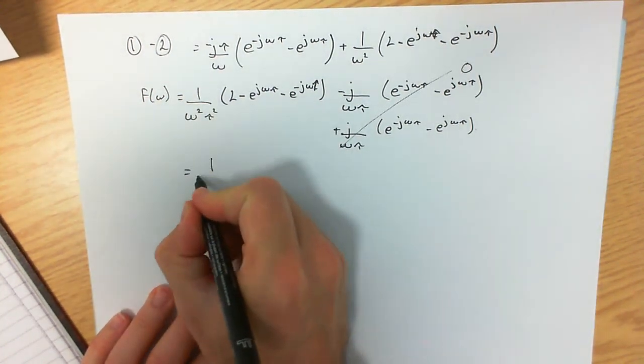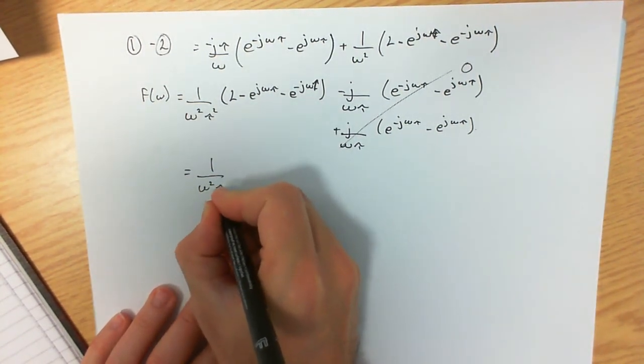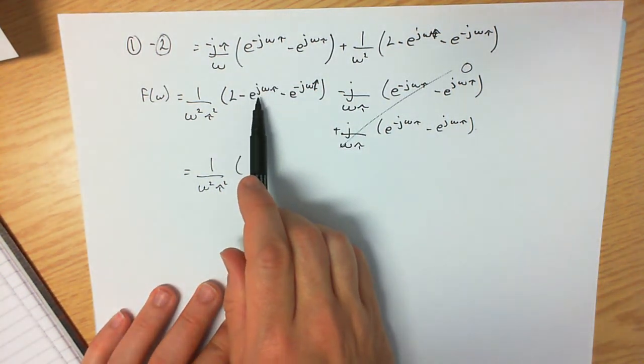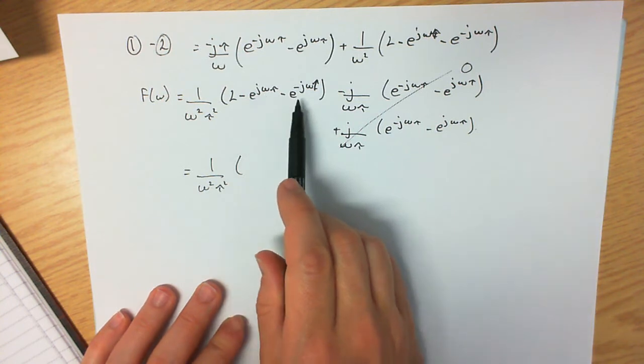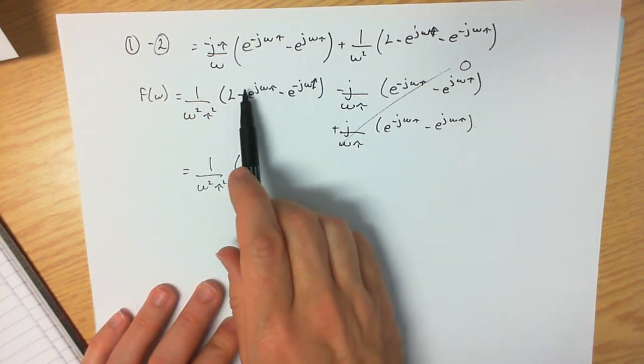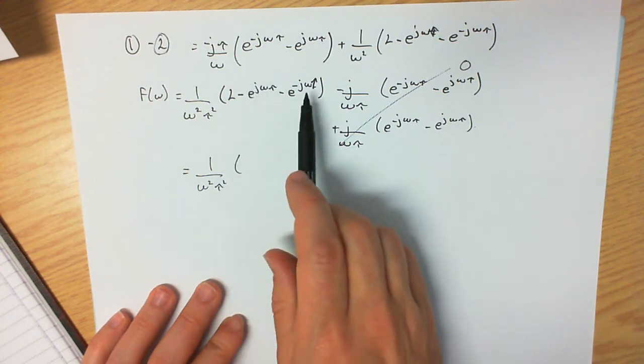So I'll rewrite that as 1 over omega squared tau squared, and we've got 2 minus e to the j omega tau minus e to the minus j omega tau. So this is a cosine function.